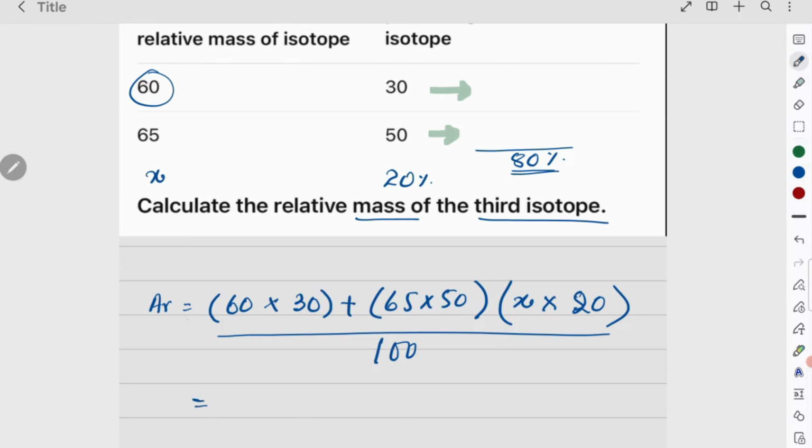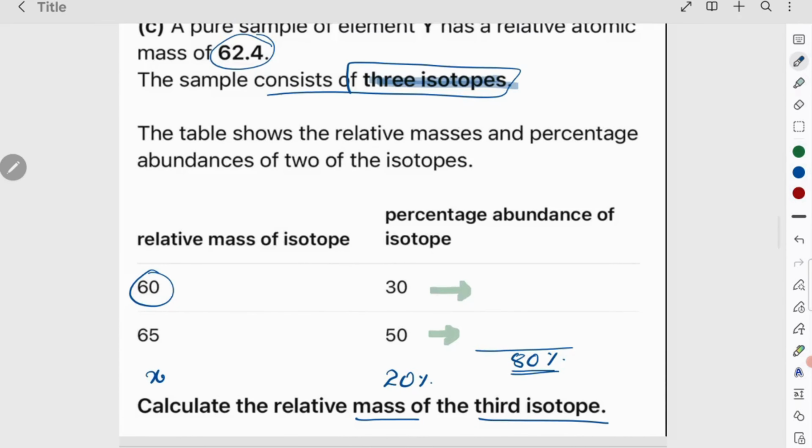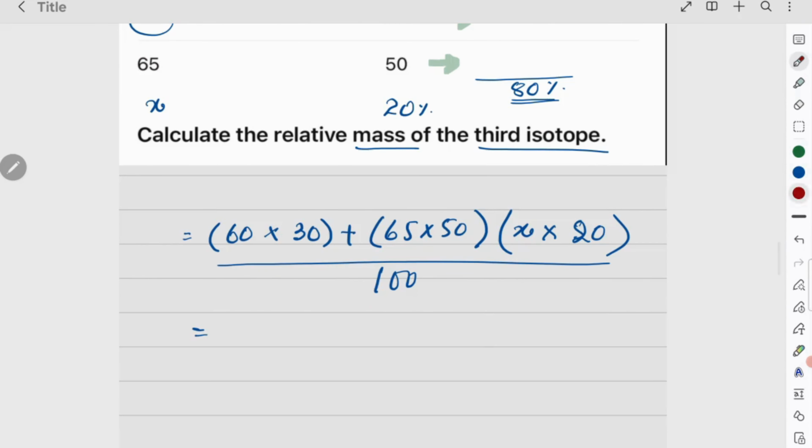The atomic mass which is given to us, if I remove and write the value here, is 62.4. So this is the mass, 62.4 relative atomic mass is given to us. Now we have to calculate accordingly. 62.4, this 100 will get multiplied here, and then 60 multiplied by 30 will be 1800, I think.